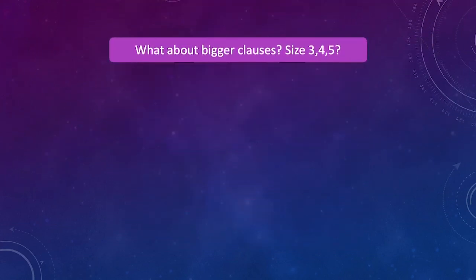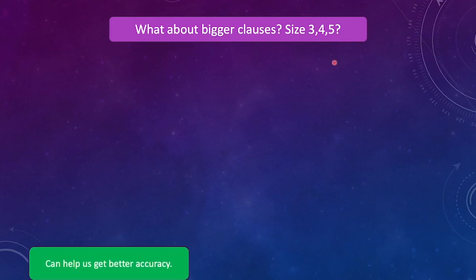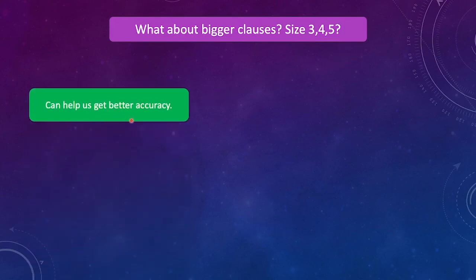Okay. So there are some advantages of having bigger size clauses, and there are some disadvantages. Let's talk about the advantages first. They actually help with better accuracy. If we allow bigger size clauses, then we can generate clauses which are only satisfied by the positive examples and not satisfied by the negative examples.